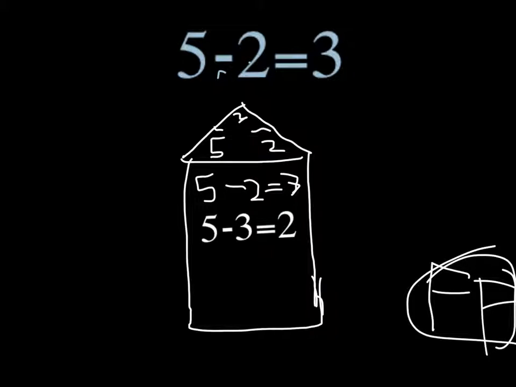And now we've gotten the minus done. We can do plus addition. So we say 2 plus 3 equals 5. That's done.